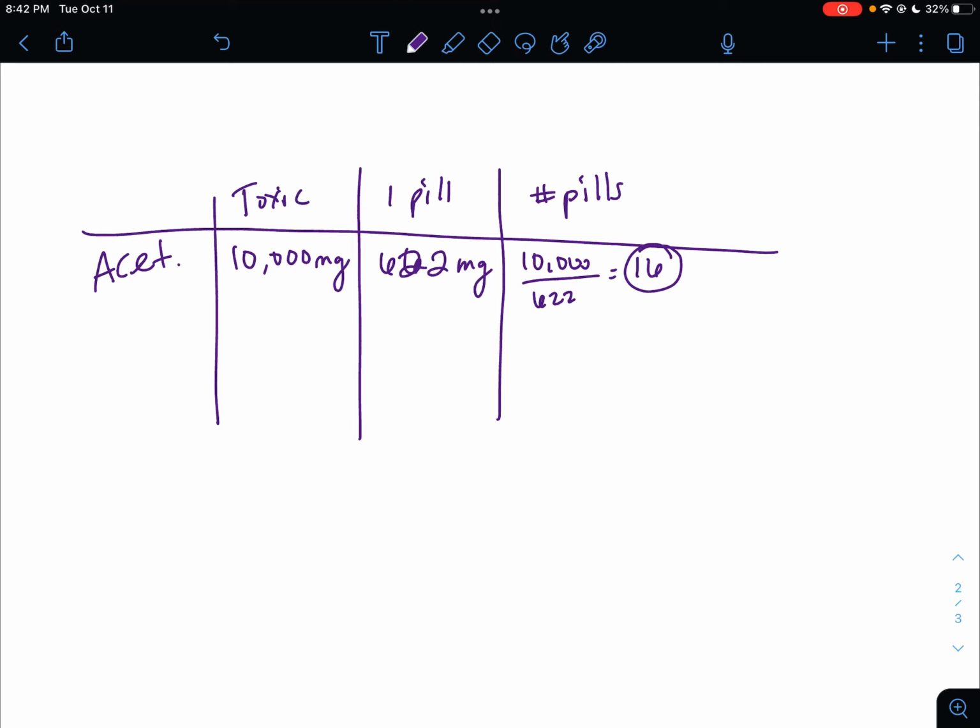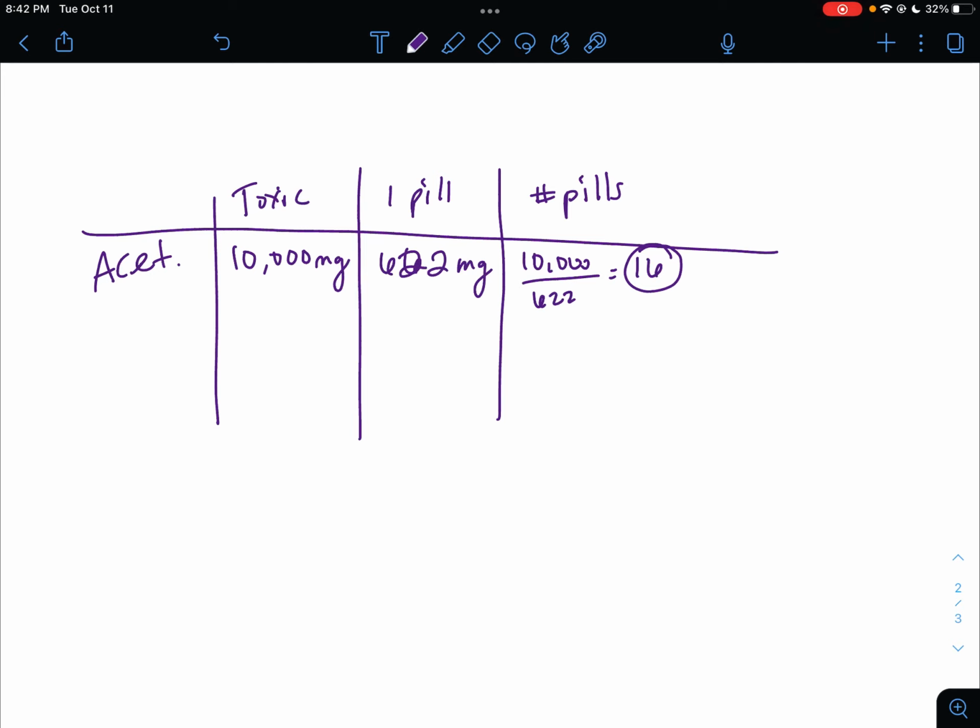Then the last question is asking you, do you think it's possible, based on what we know now, that she could have overdosed on the medicine? That's just based on your opinion. We don't know a lot, but we do know a little bit, so you're just starting to make some conclusions about the case. And that's where we're going to stop for this lesson.